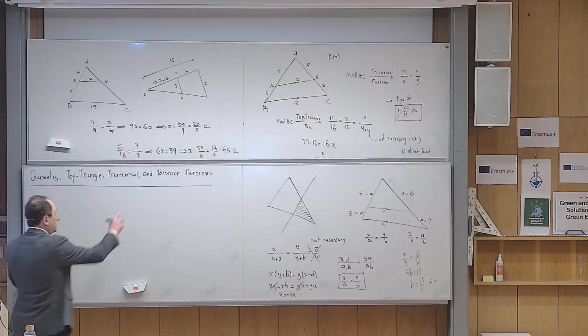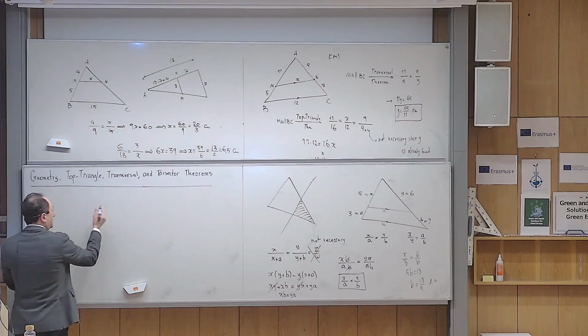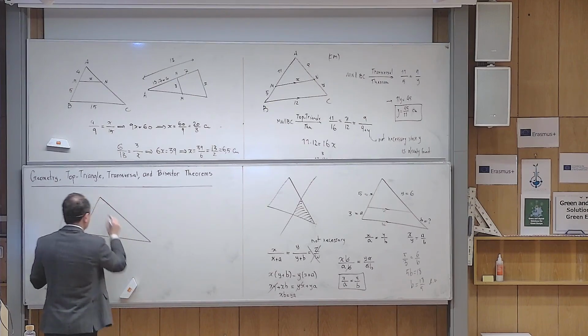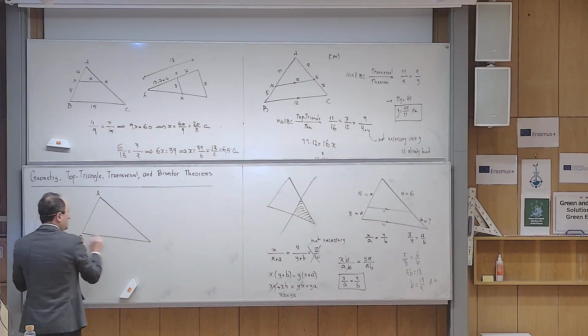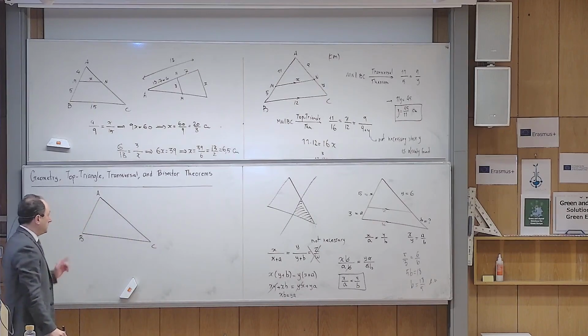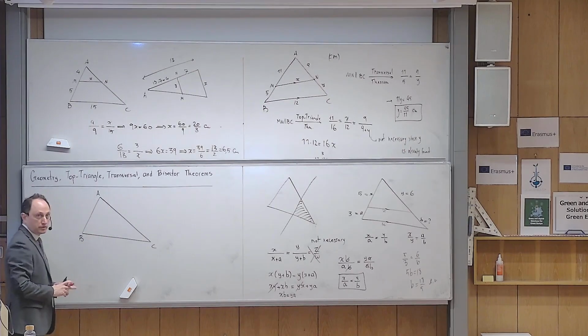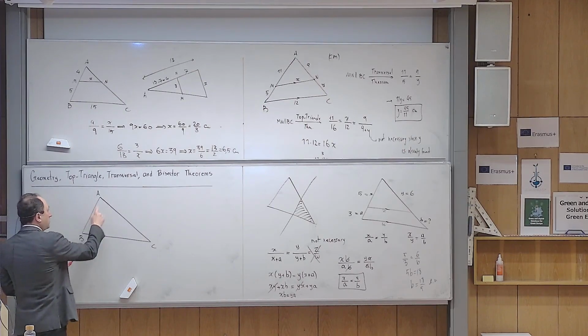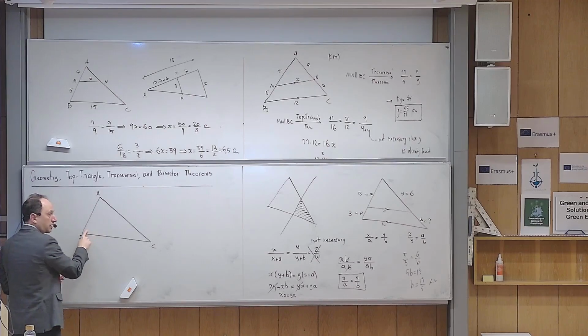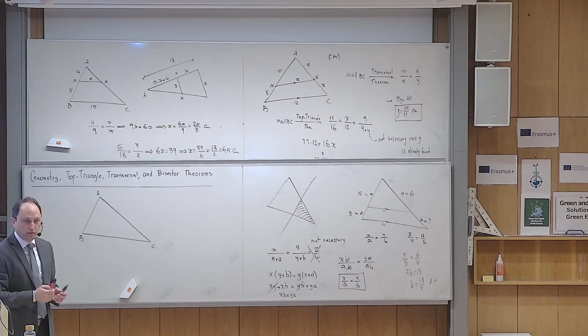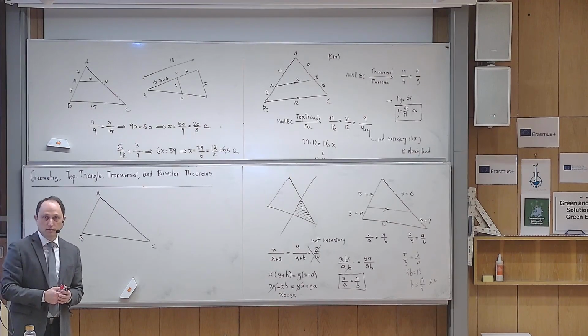So the angle bisector theorem in a triangle is this. If you have a triangle ABC, and you draw an angle bisector. There are 3 angles in a triangle, so there are 3 angle bisectors. What was an angle bisector? It is a line that divides the angle into 2 equal pieces.